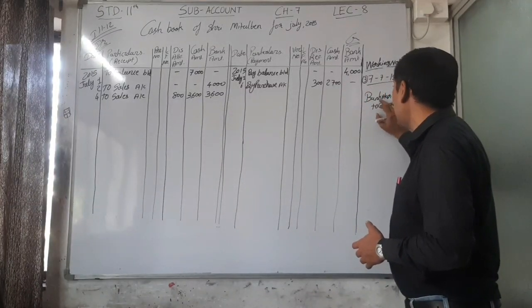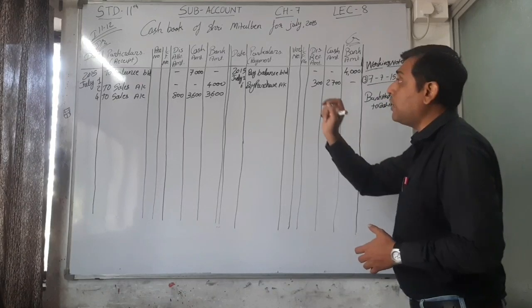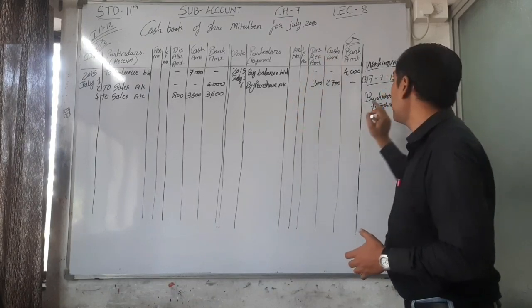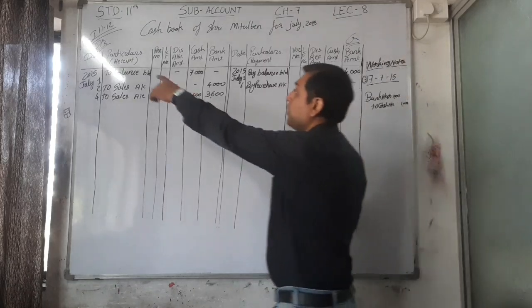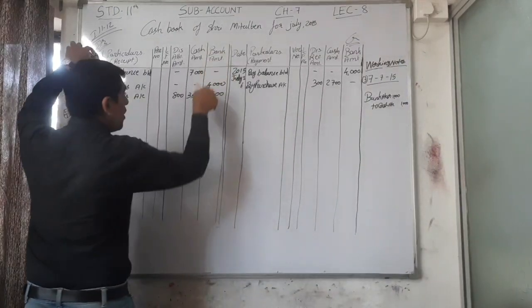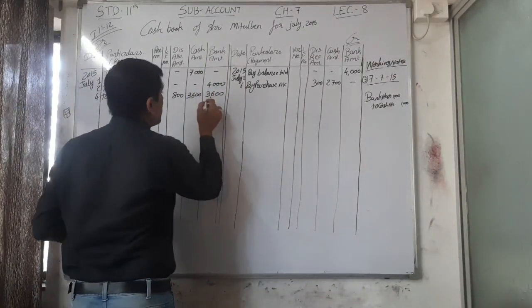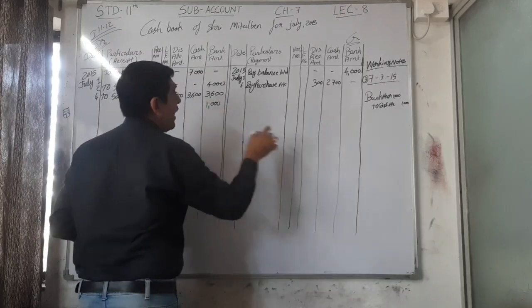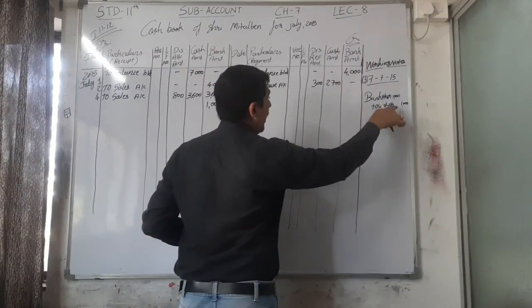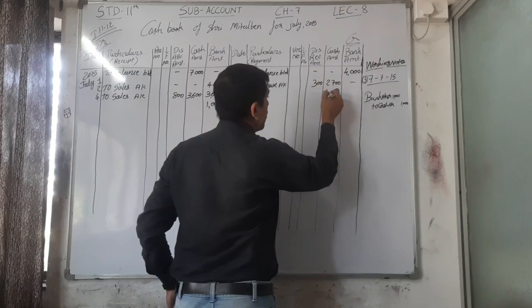Here we have to see that bank account is debited. So on the debit side, bank column, we have to write down the amount, that is 1000. And on the credit side, cash column, we have to write down the amount 1000.